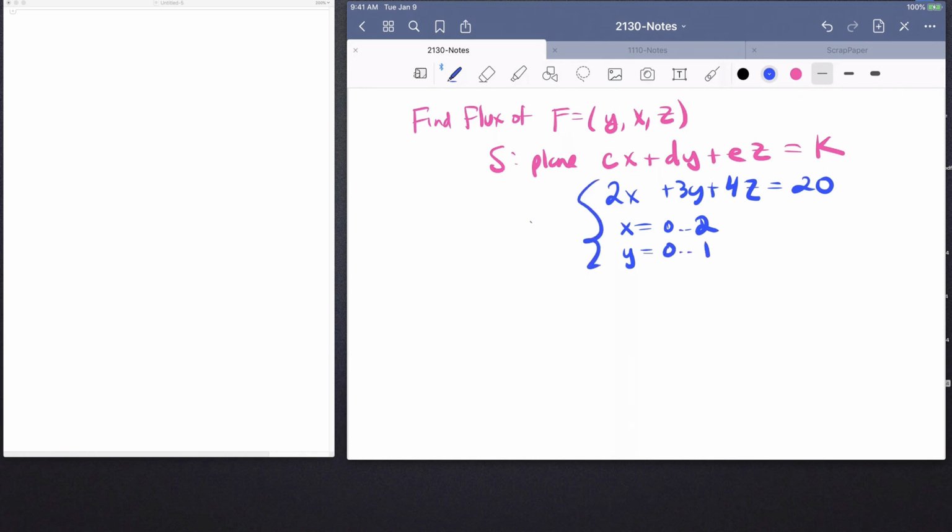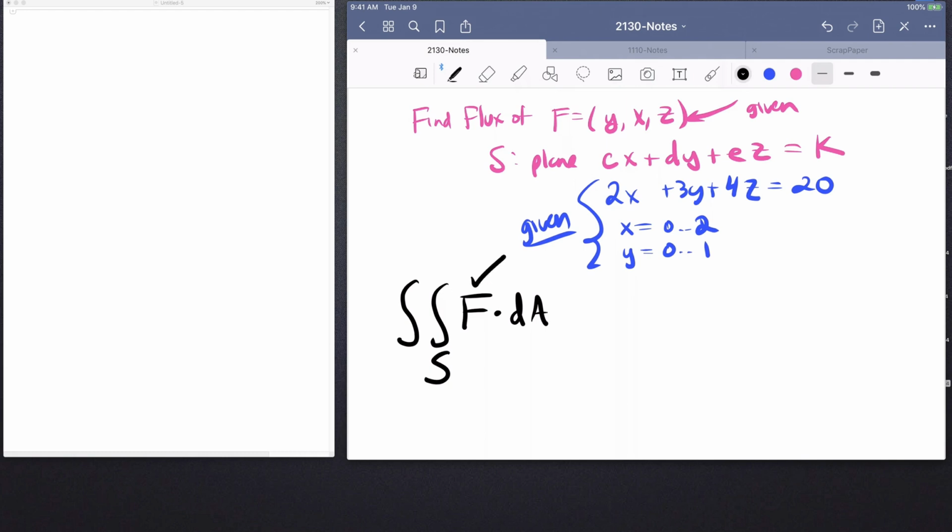So this information about the surface will have to be given to you, and you will also have to be given the vector field. That is the necessary information you need to do a flux integral. You need a vector field, and you also need a surface description.